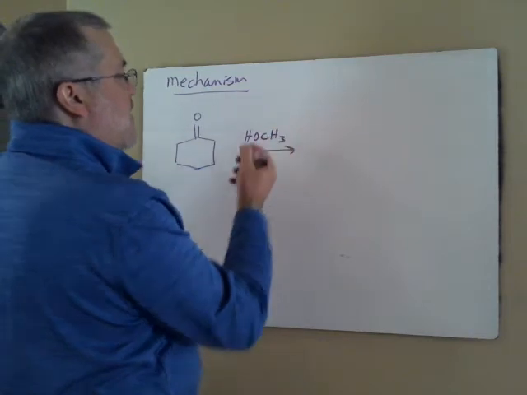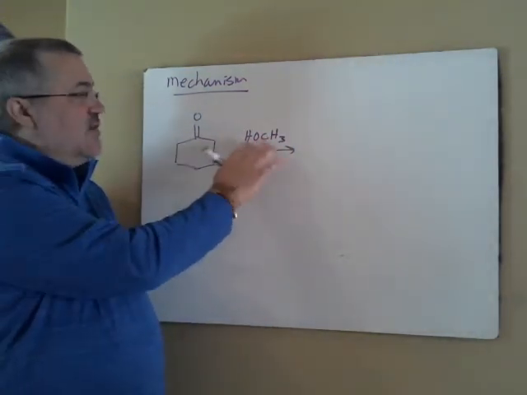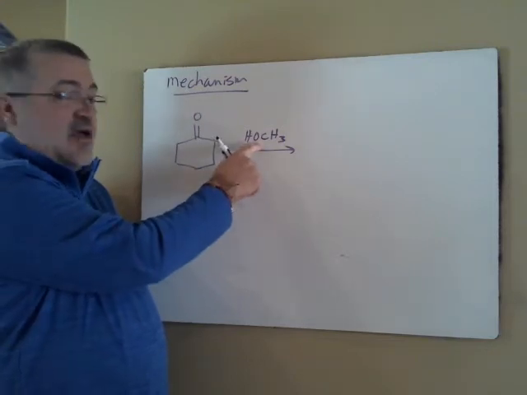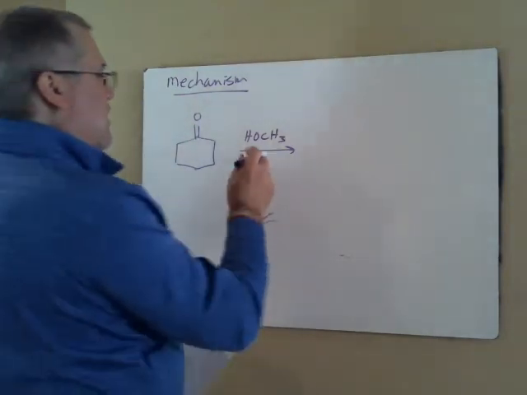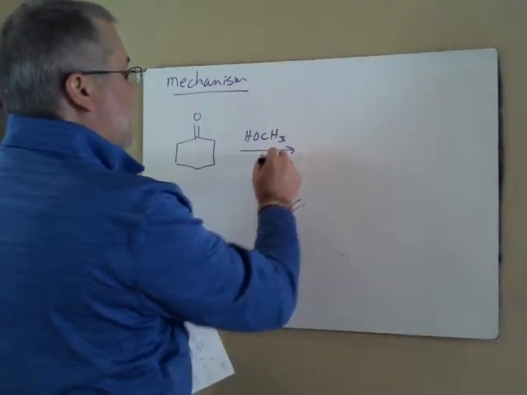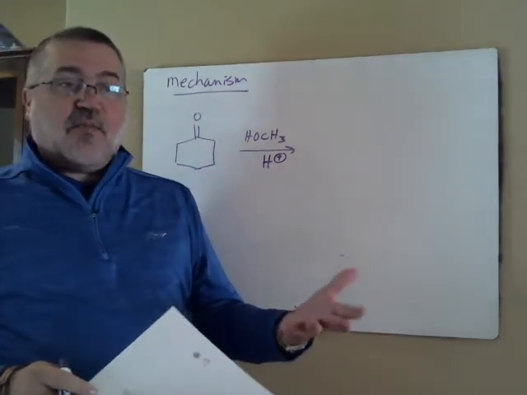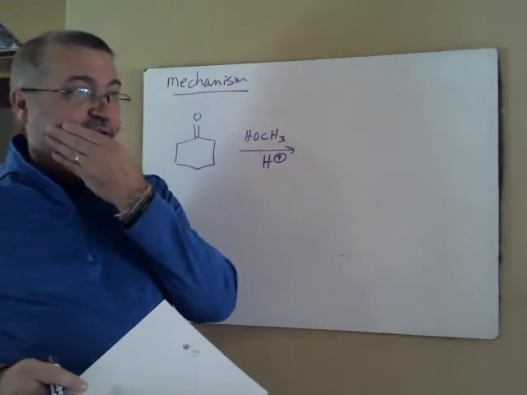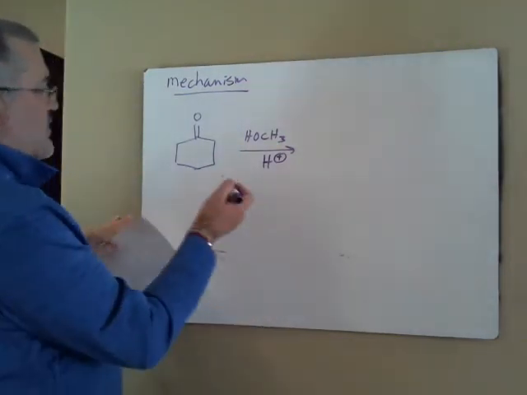Now remember, if I don't indicate one equivalent or anything else, the assumption is there's enough alcohol present to totally react, so there is excess. This is acid catalyzed. Okay?